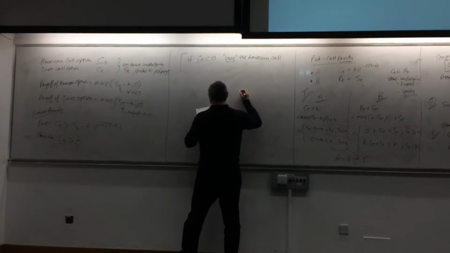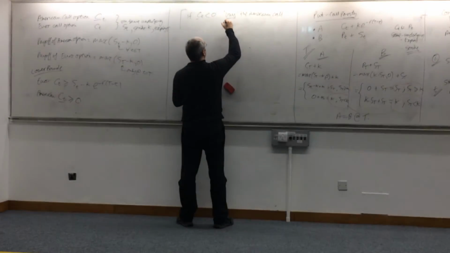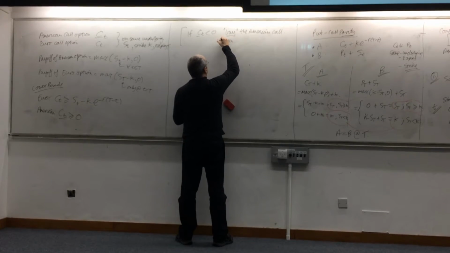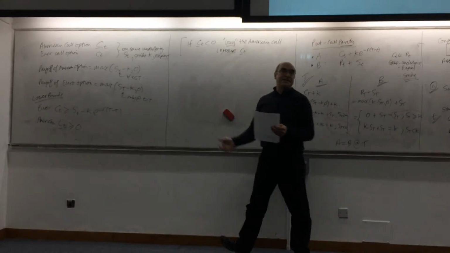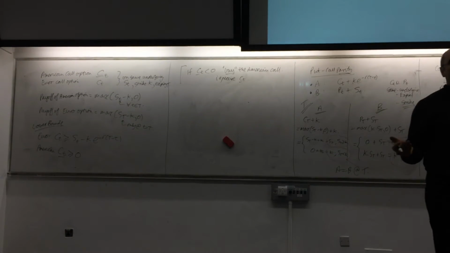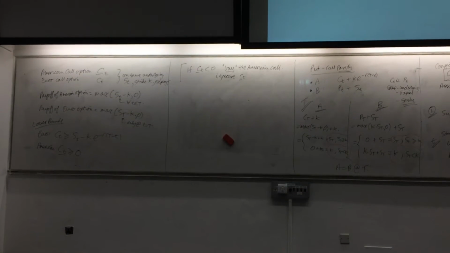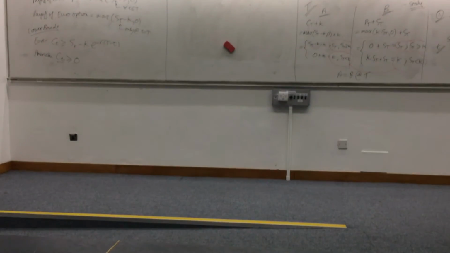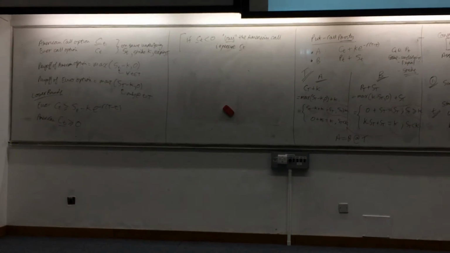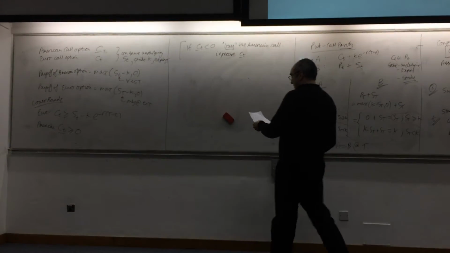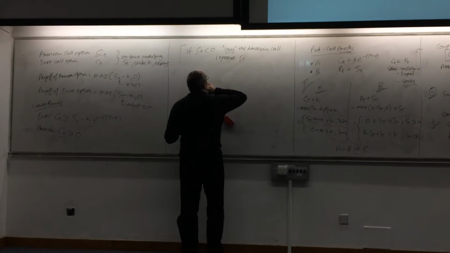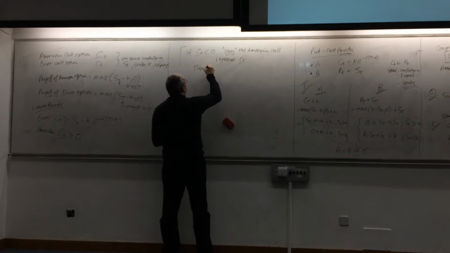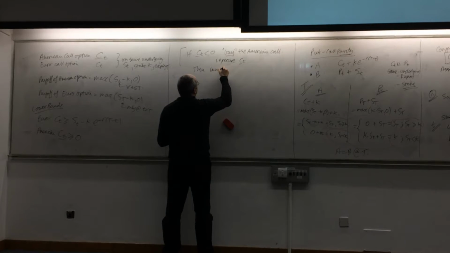So in buying it, we would receive the price of it. So if the price of the American call option were negative, I would buy it, and then if you wrote it, you'd have to pay me the money. So if it was negative, I would receive C_t, then immediately exercise.